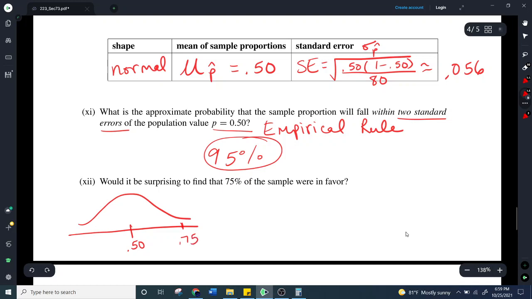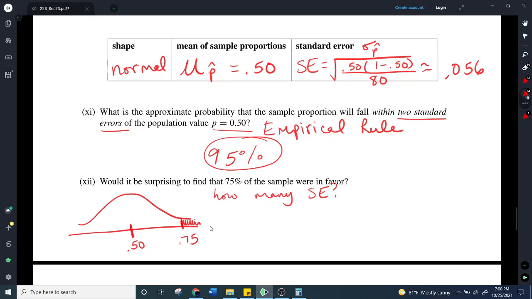There's a couple of different ways we could figure this out. We could go into StatCrunch and actually compute the probability. That would not be an issue. Another way is to think about how many standard errors away from the mean we are if we're sitting at 75% and the mean is 50%.